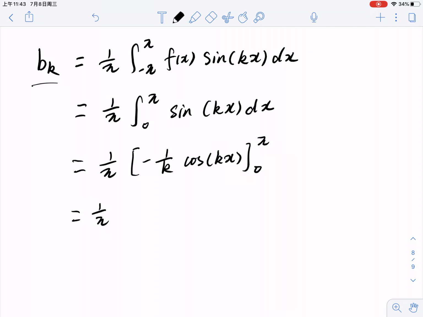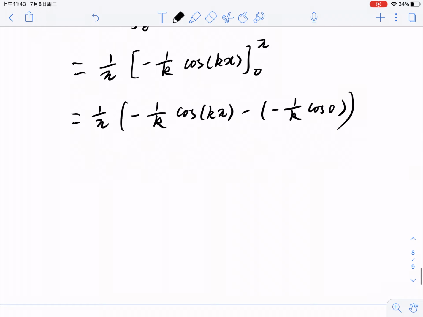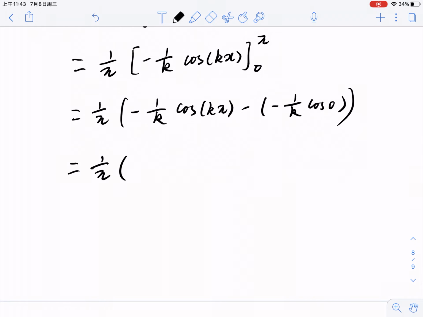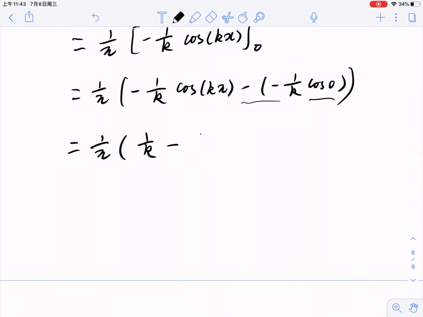So it's 1/pi times negative 1/k cosine k pi minus negative 1/k cosine 0. Cosine 0 is 1, so it's 1/k minus 1/k cosine k pi. Taking out 1/k, it's 1 over pi k times 1 minus cosine k pi.